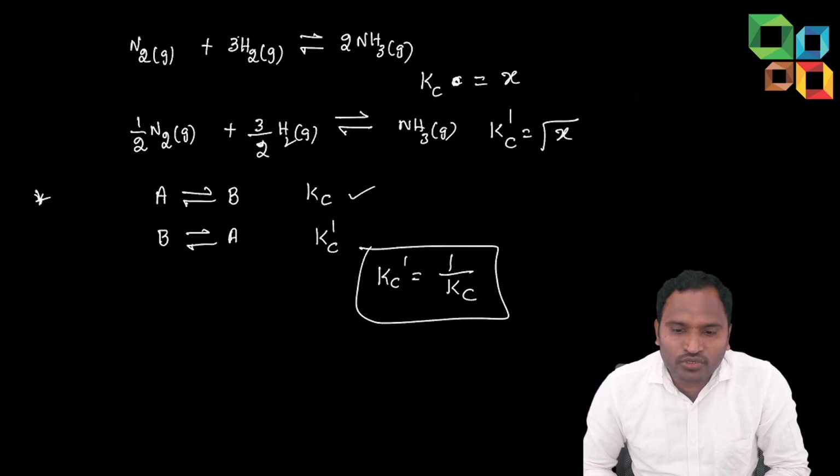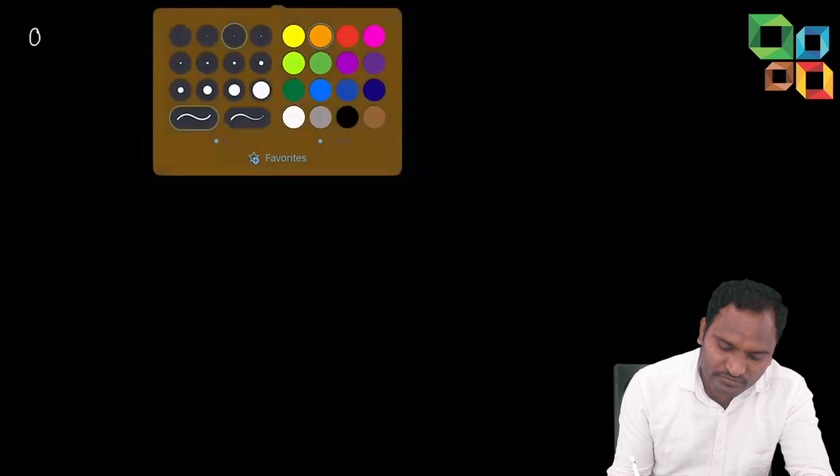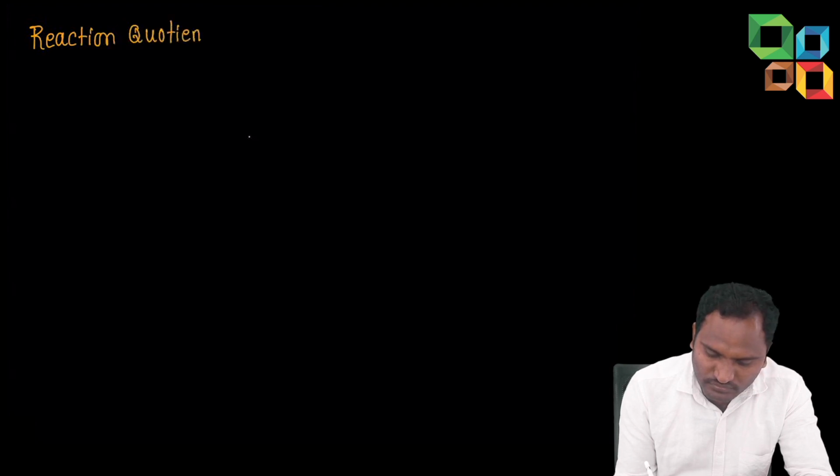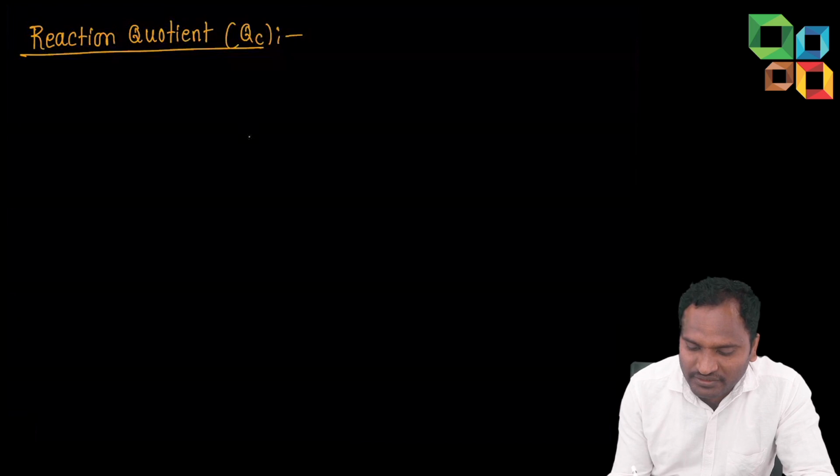Next, one more term I am going to introduce, Qc. That is also called reaction quotient. I'll write the equilibrium constant and Kc for both the reactions.